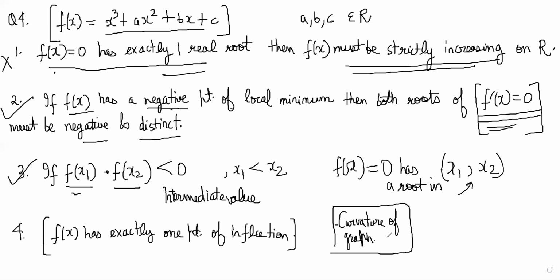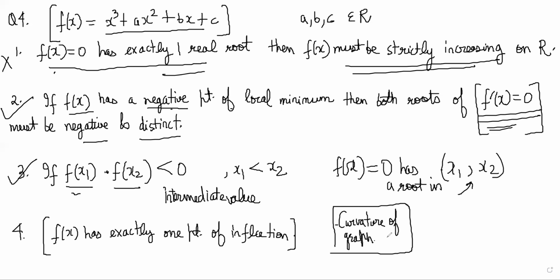You guys have forgotten every theory that we discussed last week, dude. We discussed in great detail what is critical point, what is inflection point. How have you forgotten this? Nobody knows what curvature of the graph is. You guys are using terms, but you don't know what it really means.